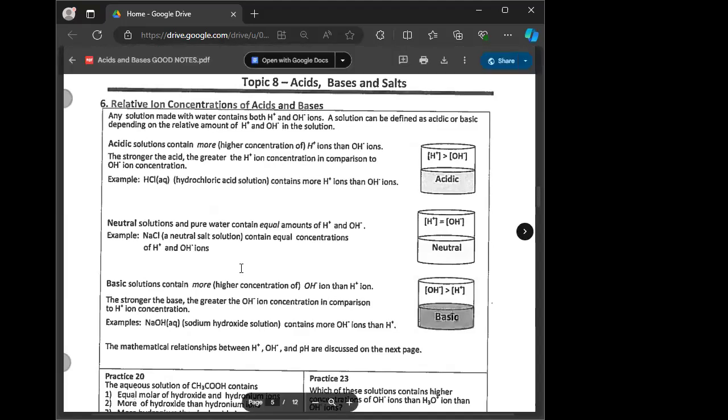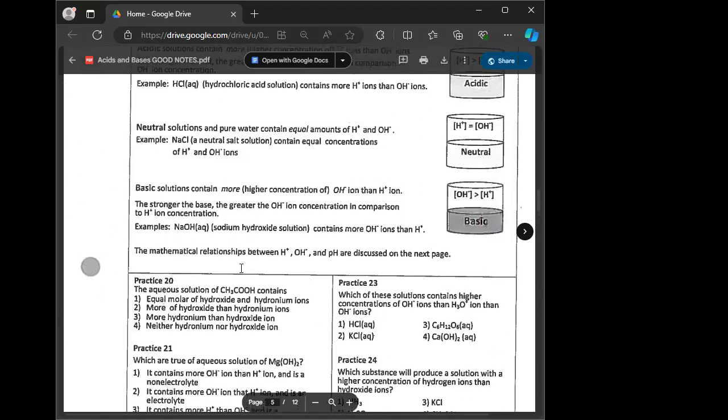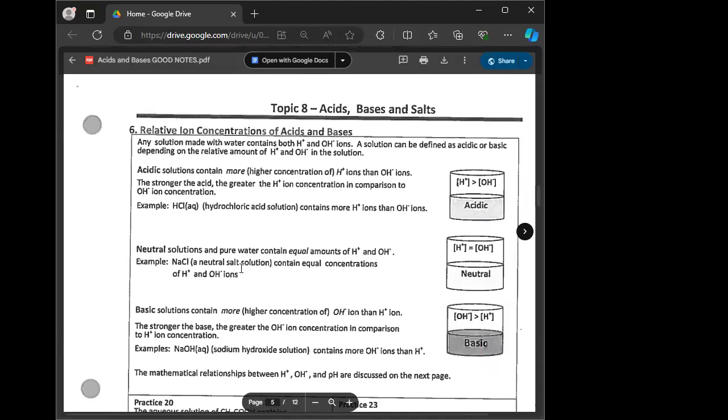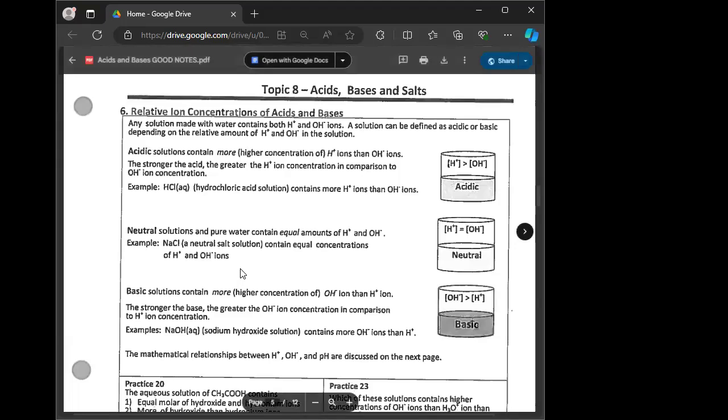All right, so first we need to know that any solution, even water, will always contain a mixture of hydrogen and OH ions. So even water is going to contain very, very tiny amounts of hydrogen and OH ions.